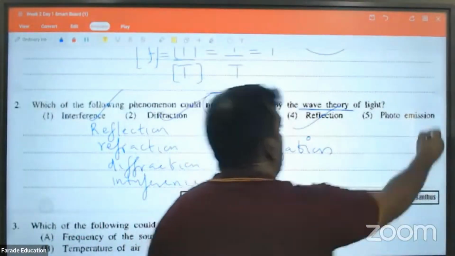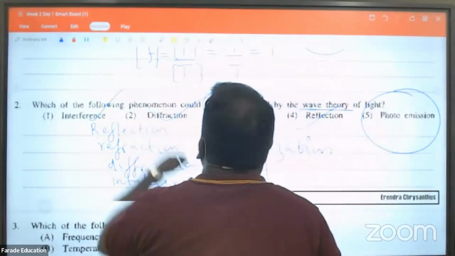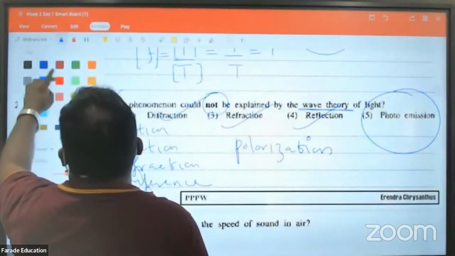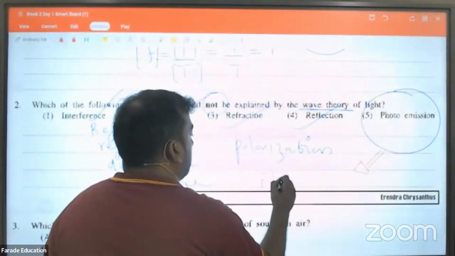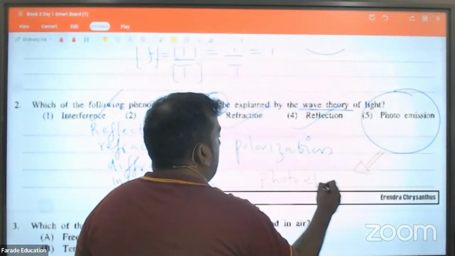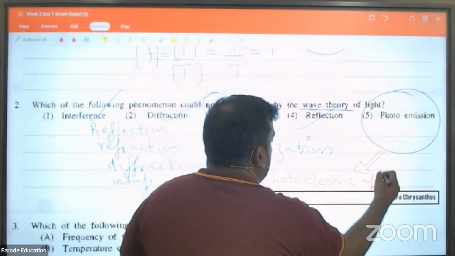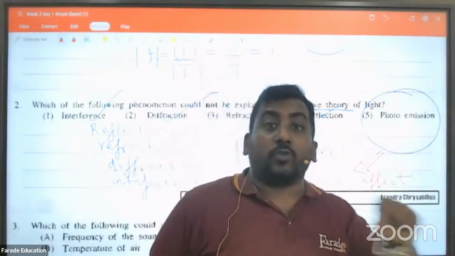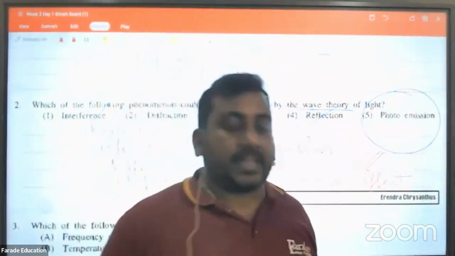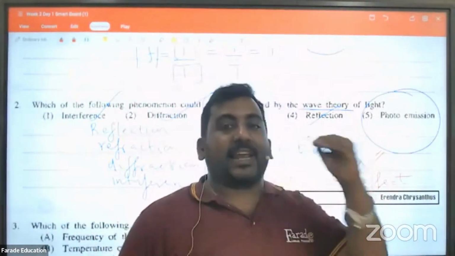What is photo emission? Photo emission is connected to the photoelectric effect. This is where we talk about wave particle duality, the particle nature of light.